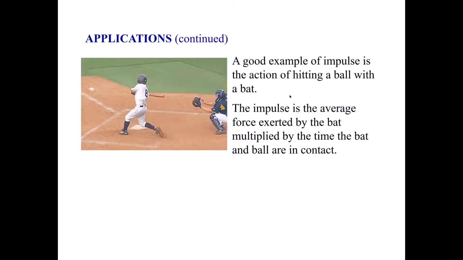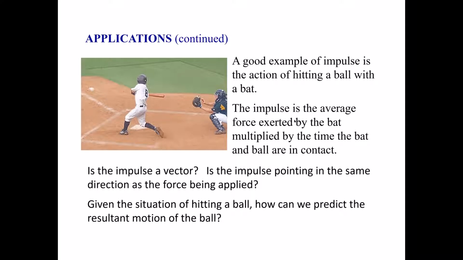Here's another one. A force being applied by the batter, or the bat hitting the ball. And is it a vector? Yes, it's a vector. It's going to be a vector in the opposite direction, essentially, of the object that it strikes.